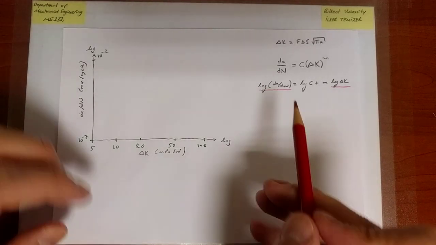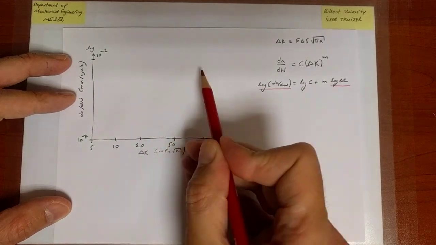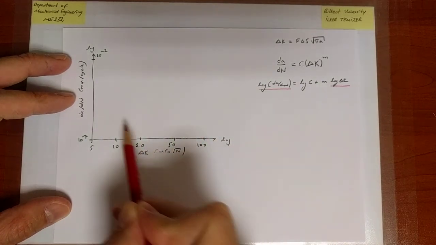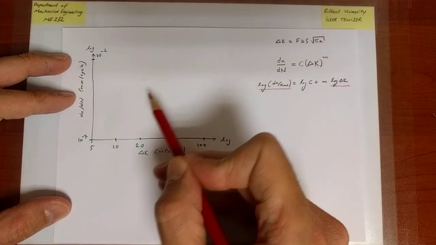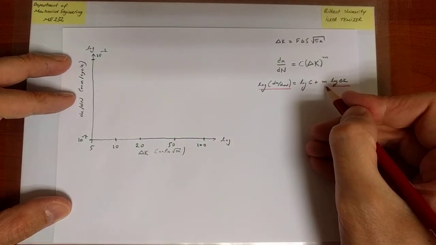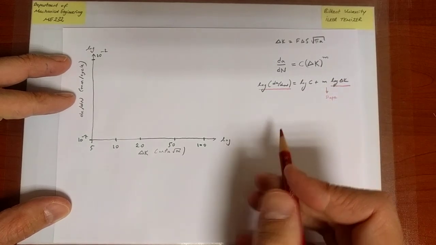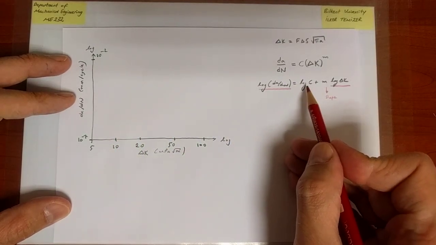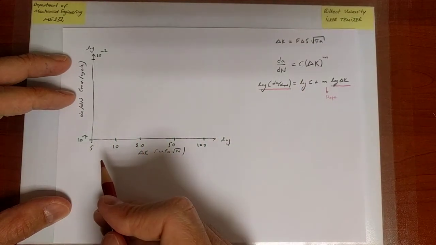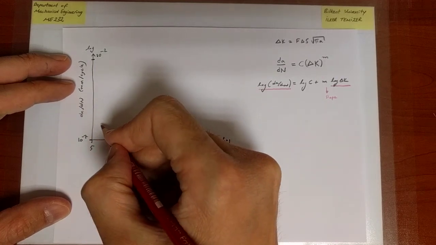And now our relation says that in the logarithmic space, the relation between the two axes is linear. So I'm going to draw a line. The slope of that line is m, and its position is controlled through the logarithm of C. All right, so let us go ahead and draw a line.